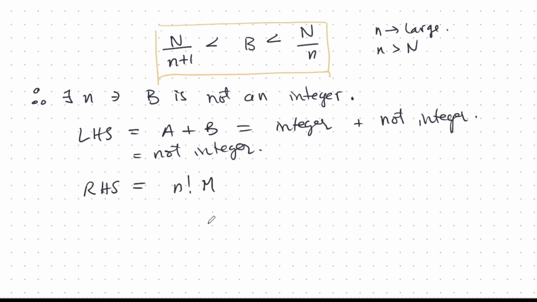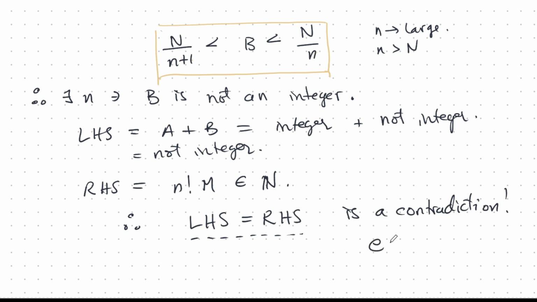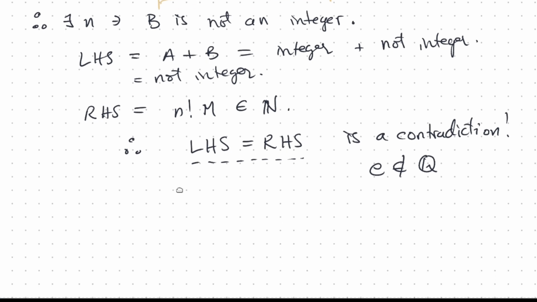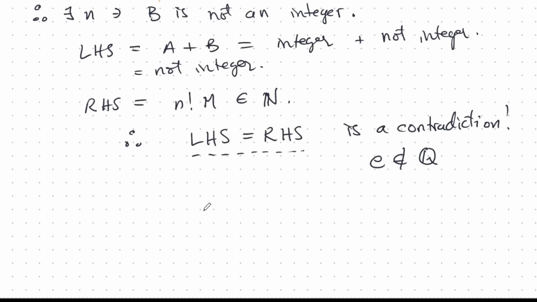Right-hand side was little n factorial big M, but this, of course, is a natural number. It's an integer. And therefore, what do we see? Well, we see the notion of that left-hand side equals right-hand side equation. This is a contradiction, so therefore e cannot be rational. All right, so that's a very beautiful proof that e is not rational.